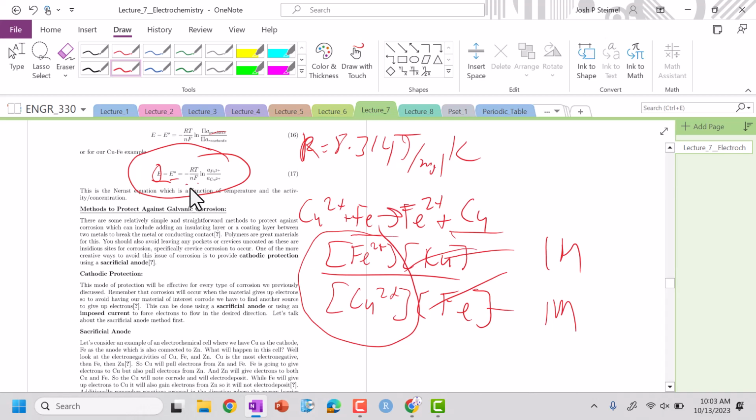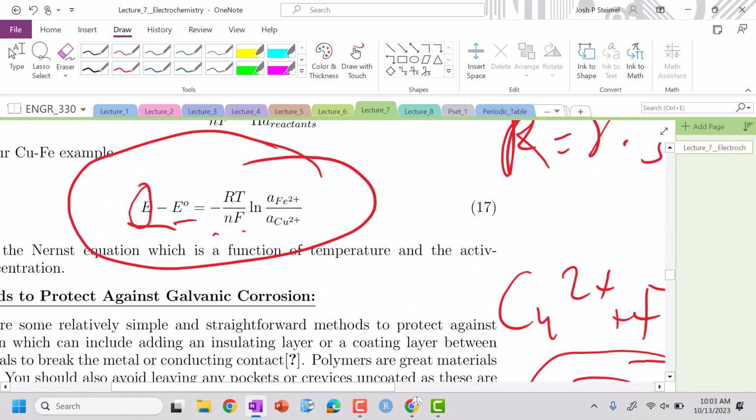One of the cool things is, at standard conditions, what are the concentrations of these ions? 1, 1. What's the natural log of 1? The natural log of 1 is 0, so all this disappears, and my E would be equal to E naught. So it's a beautiful expression because it has built in whether we're at standard conditions. But if not, I can solve for any of these variables.